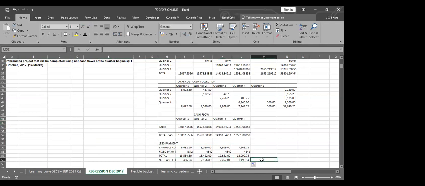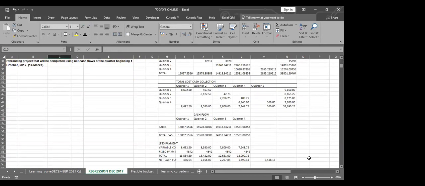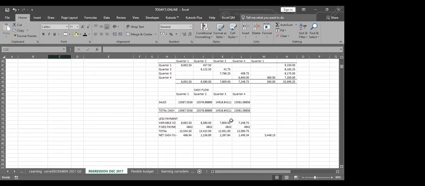You can total them here and get the net cash flow they collect. So there's the net cash flow, and it seems to be enough maybe to cover that, because if it is in millions, then it should be able to give us that from what we have.